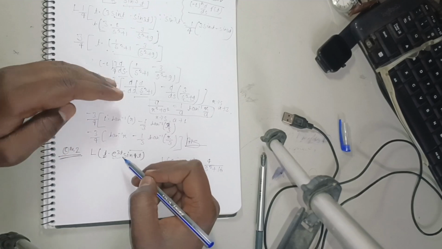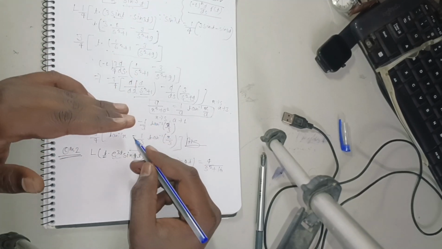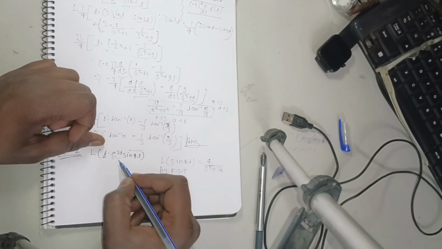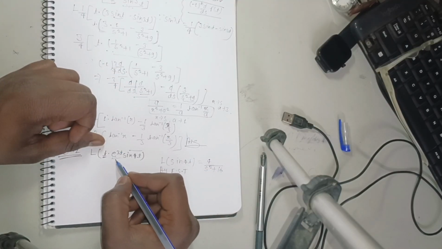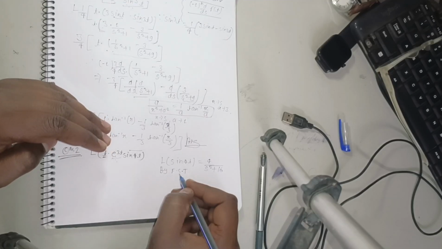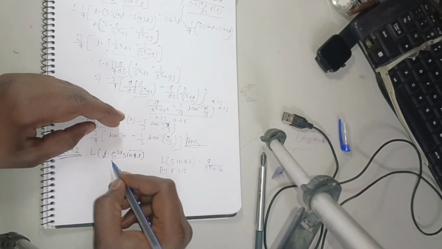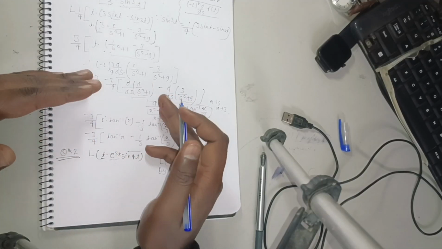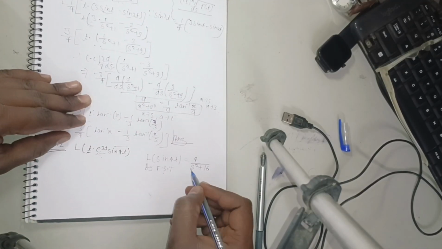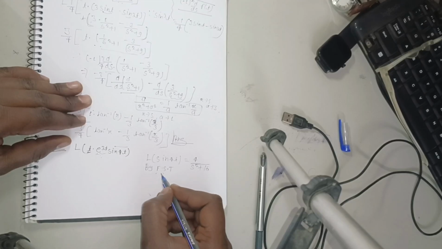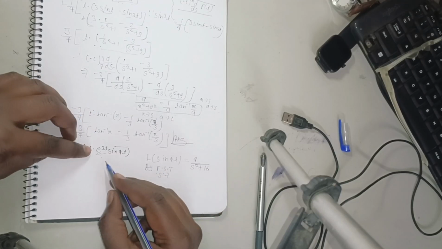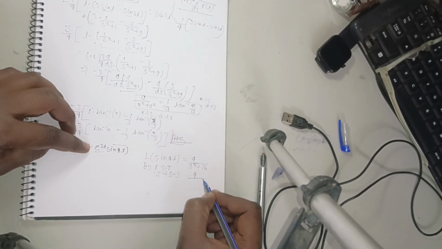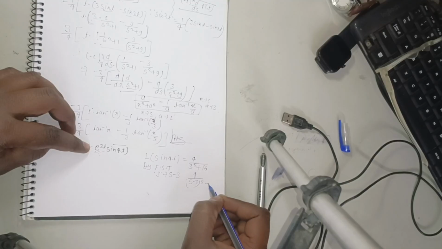How will you remember that here I will use first shifting, here multiplication, here division formula? It is very simple: as you can see, e to the power anything means we use first shifting only, and t multiplication means we use the multiplication theorem, in which we do differentiation. We need to remember this only, nothing else. First shifting theorem means s will be replaced by s minus a, that is s minus 3. So 4 upon (s minus 3) square plus 16, right?